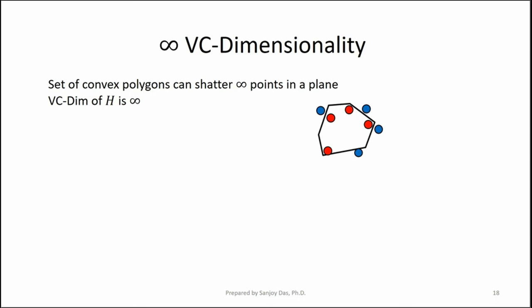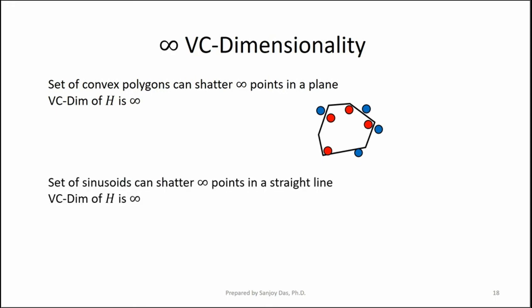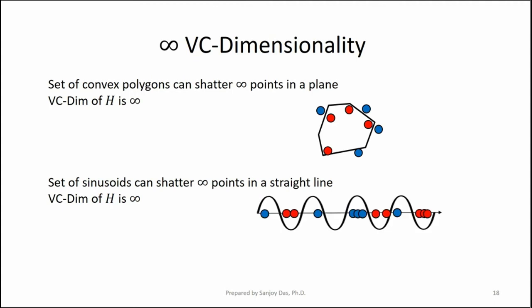You have to place the points strategically, any number of points, and a convex polygon will be able to shatter it. A set of sinusoids can shatter infinite points in a straight line. So the VC dimension of the set of sinusoids of all frequencies is infinite, as this figure shows.